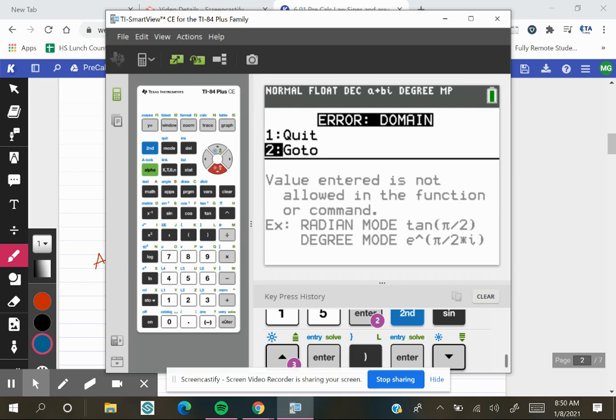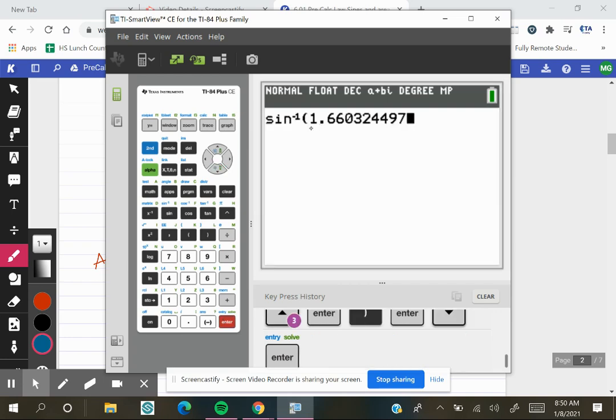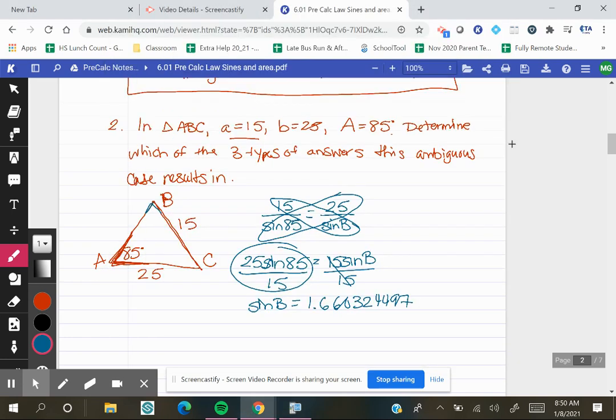Okay, so why did it give us an error? Well, sine is equal to a number bigger than 1. We can never have sine or cosine bigger than 1, because that would tell us that the hypotenuse of a right triangle is smaller than one of the side lengths. So it can never be bigger than 1 or less than -1.